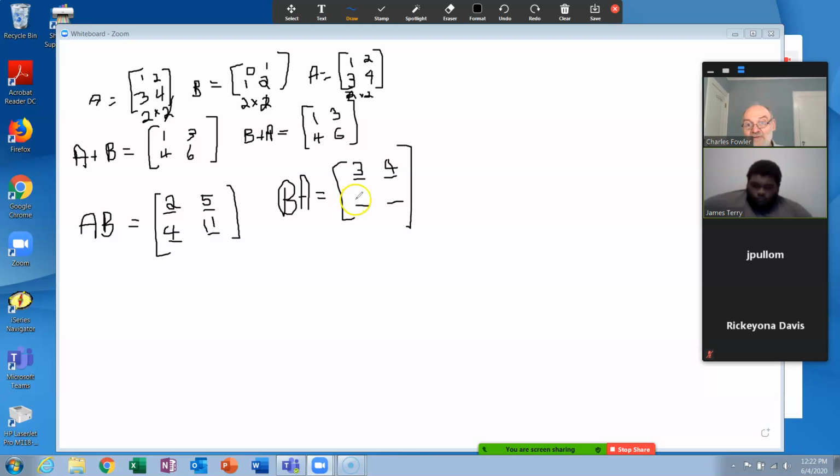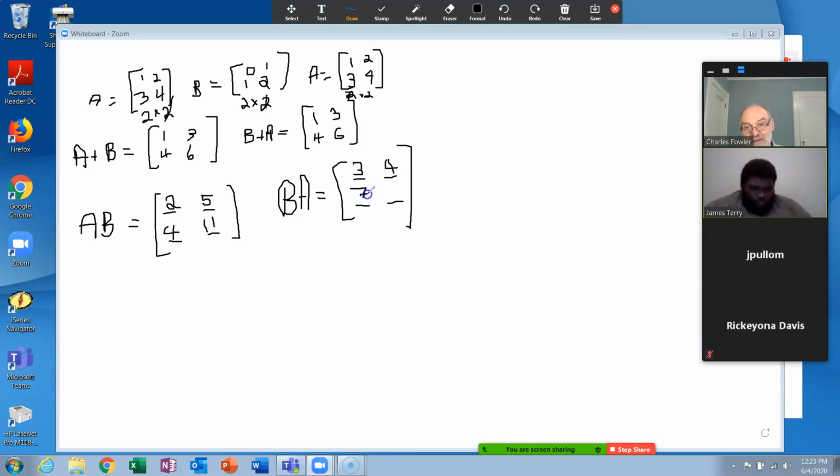Now we go to the next entry. This is the 2,1 entry, meaning second row here, first column here. So you take the second row of the first matrix, 1, 2, multiply and add the products with the first column of the second matrix, A. So that's 1 times 1 is 1, plus 2 times 3 is 6. 1 plus 6 is 7, I hope.